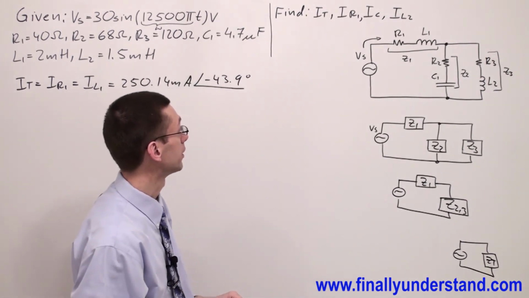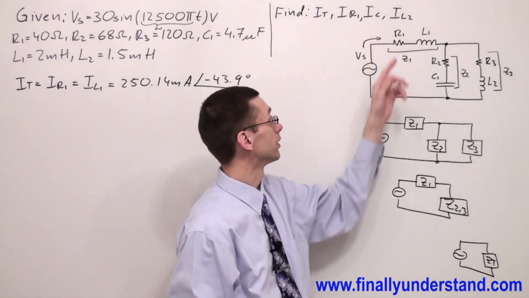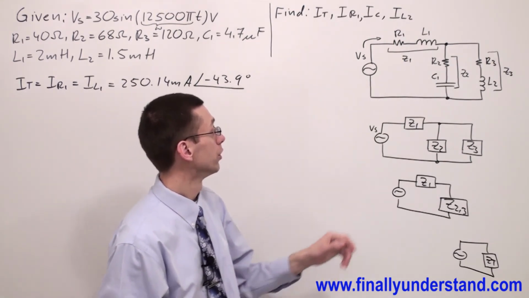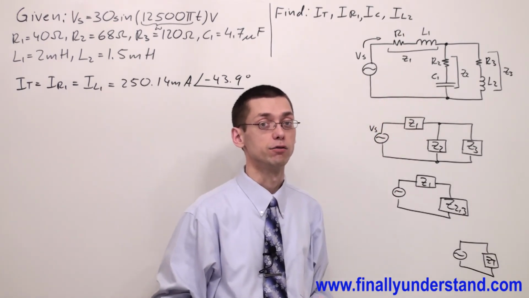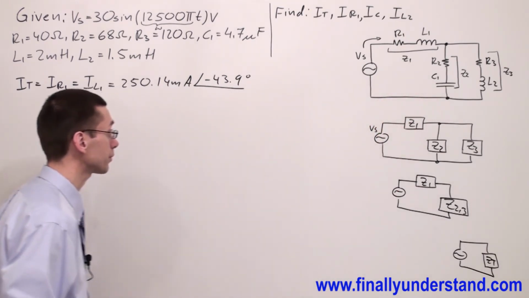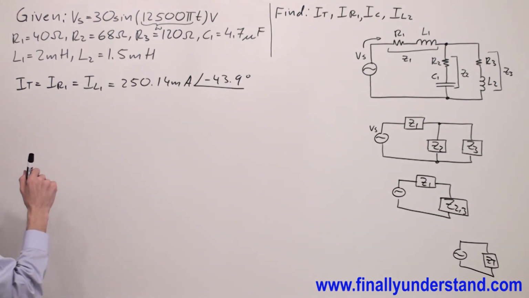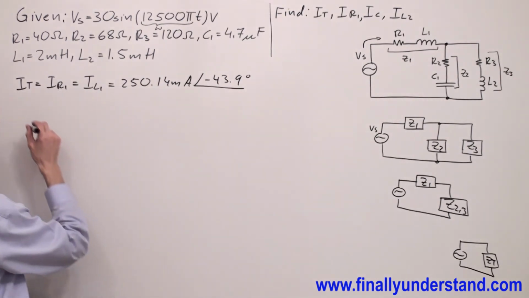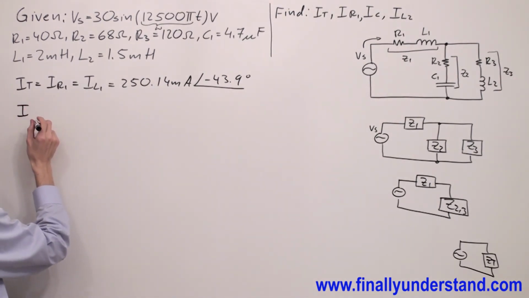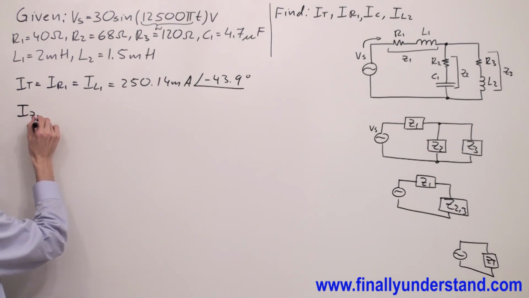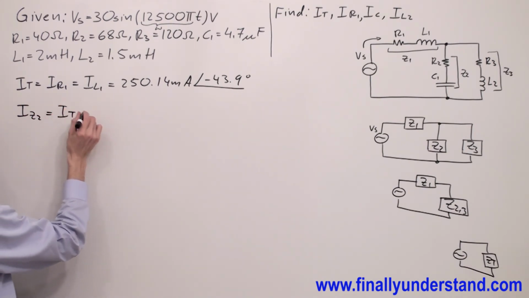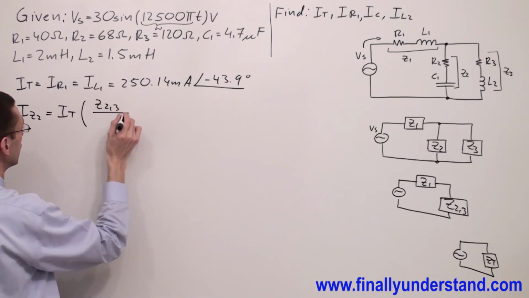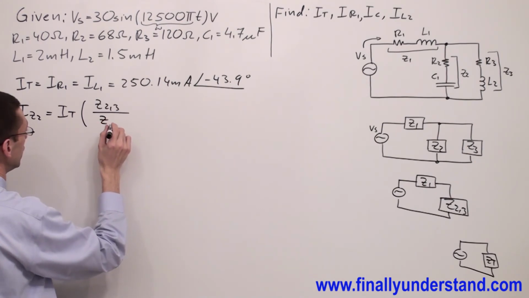In order to find IC and IL2, I'm going to use the current division law first, okay? So current division law for this part of the circuit is going to look like this. So I have IZ2 is equal to I total times Z23 over Z2.